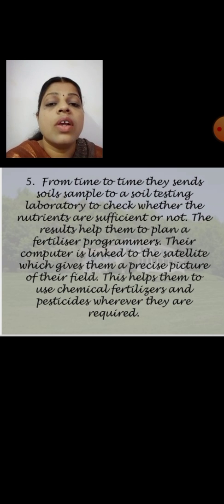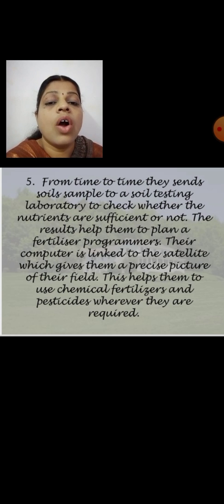So children, by checking the samples of the soils, it helps them to ensure the fertility of the soil, and thereby if some faults have been found, they can rectify them by arranging some fertilizer programs.